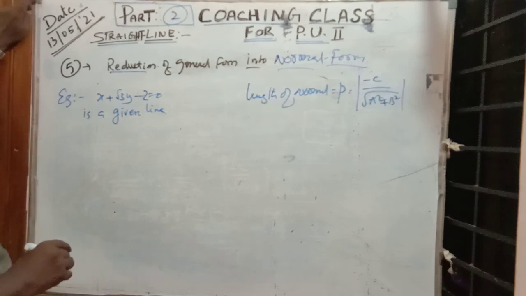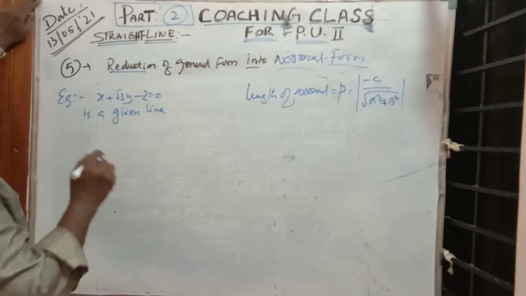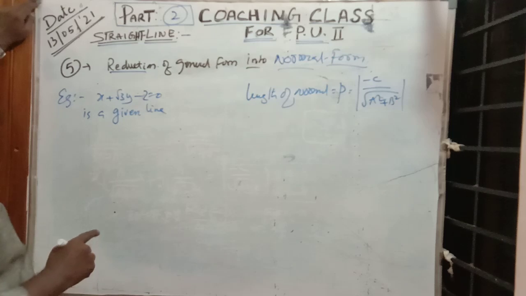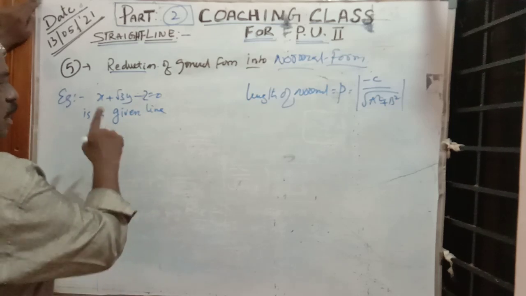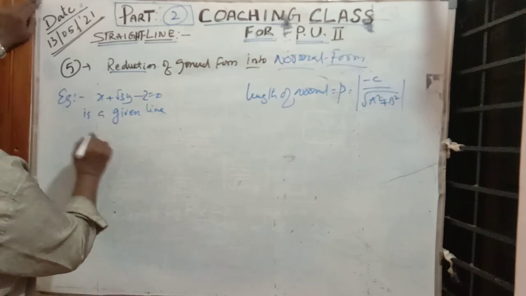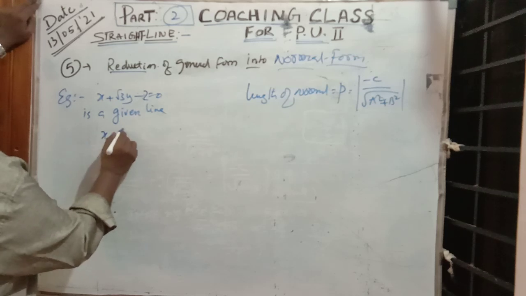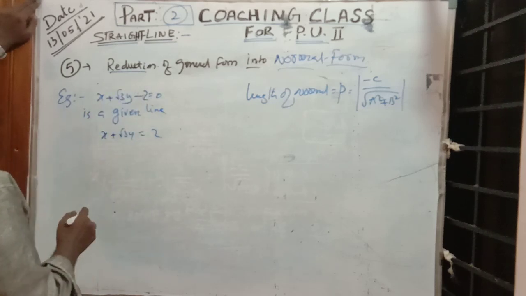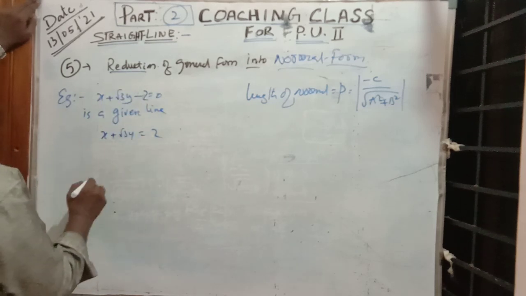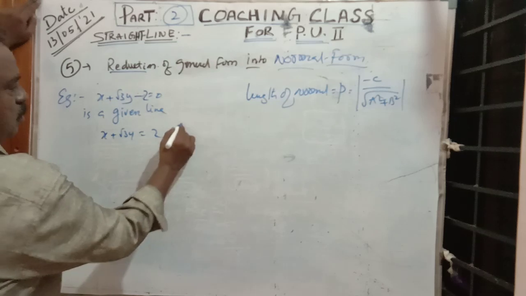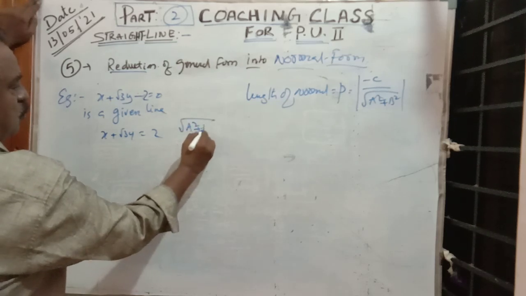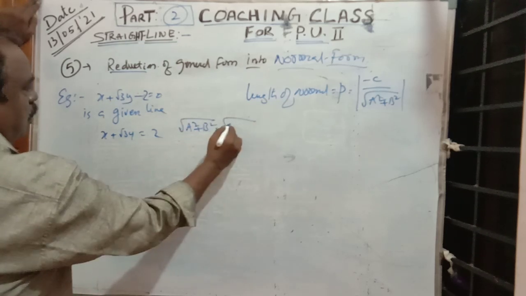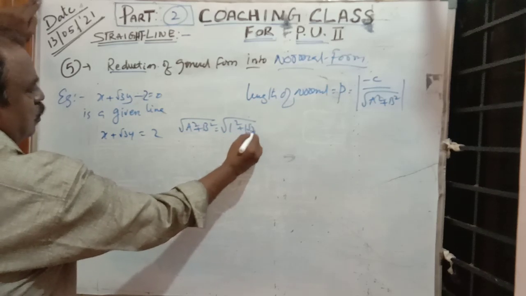I have to find the length of normal and alpha also. Now you see, first we reduce it. The 2 is sent to the other side, so the constant is already positive. Dividing with root of a square plus b square, it is root of 1 square plus root 3 square, which is root 4, that is 2.